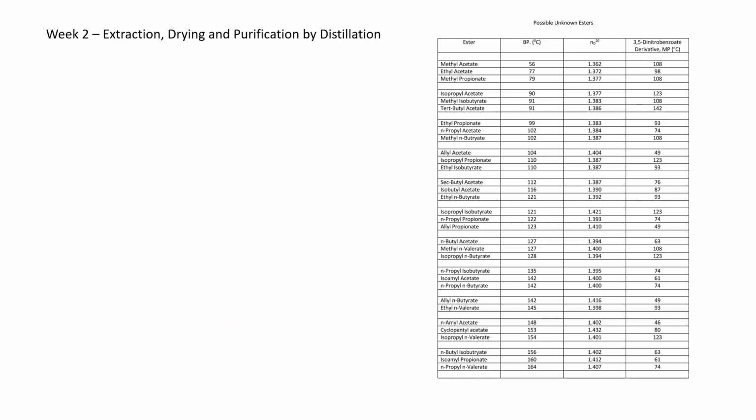Okay, so what would we have determined in our distillation? We would have determined the boiling point of the reaction. We would have measured the boiling point at 25% distillation, at 50%, and at 75%, and those would have given us a range of boiling points in our distillation.